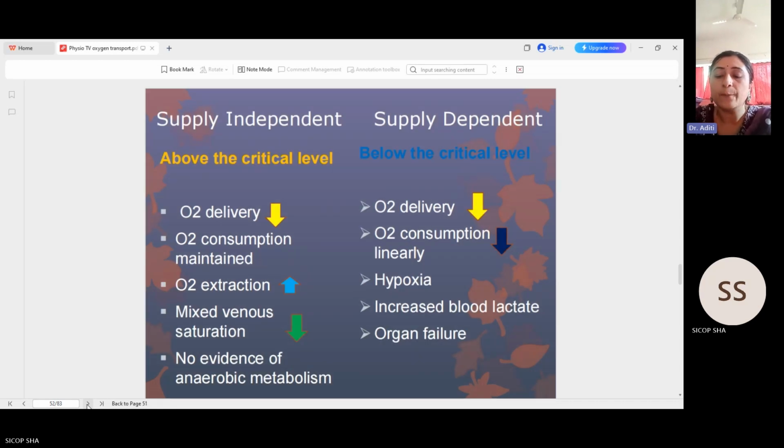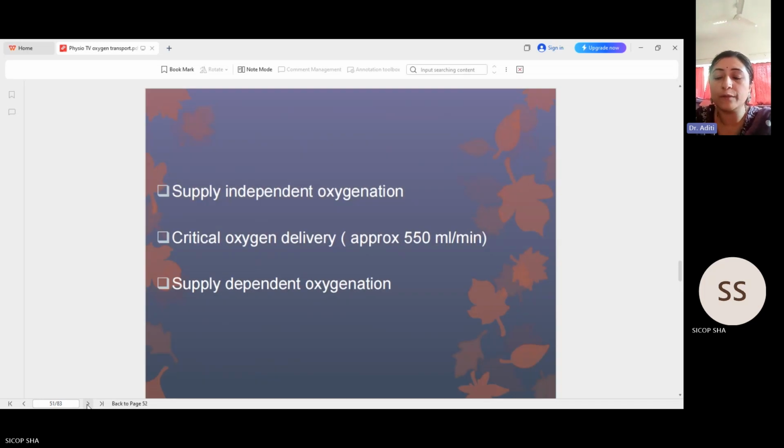Previous slide, please. Under normal physiological conditions, most of the tissues are in the supply independent state, where they can extract enough oxygen from the blood to meet the metabolic demands even when the blood flow slightly decreases.